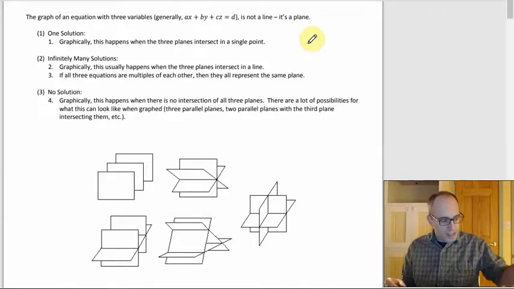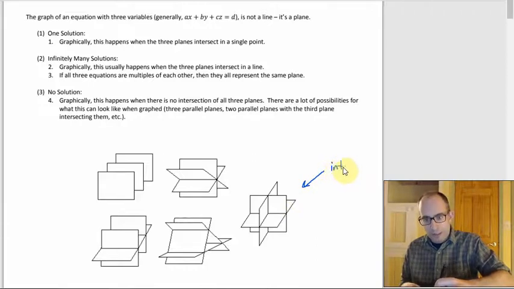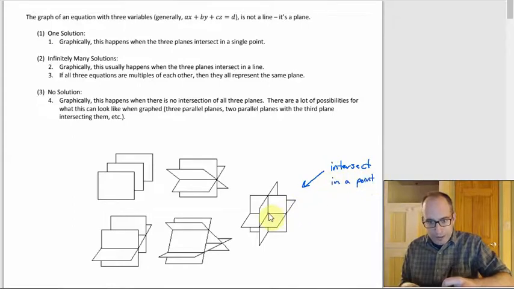And that's what in these pictures down here, that's this one. The one on the far right, that's where the three planes intersect in a point. So it's the point right in the middle, right?